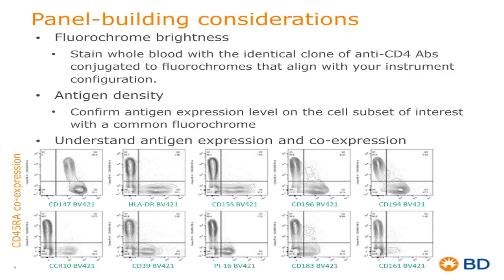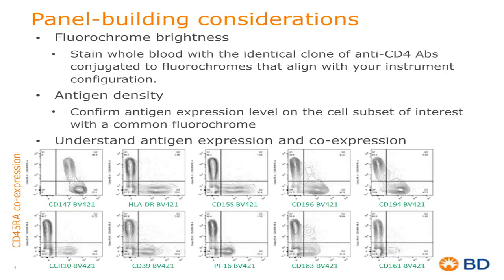And this is actually important because when I start designing my panel, it tells me that with CD45RA, I don't have to be too concerned about the co-expression of other markers in that particular fluorochrome impacting the resolution of other markers that I'm interested in looking at.